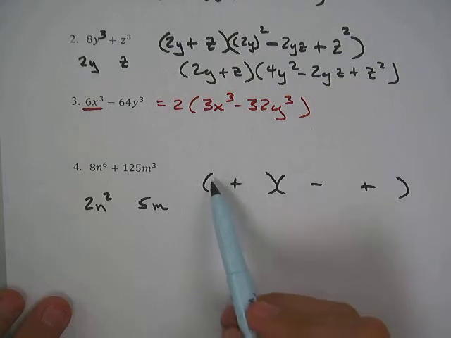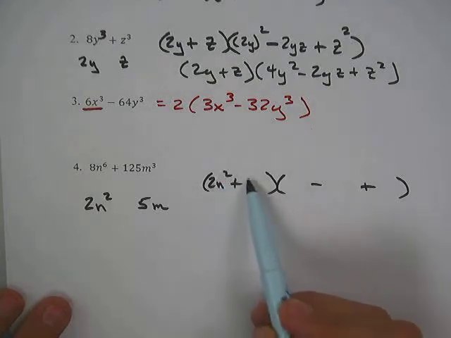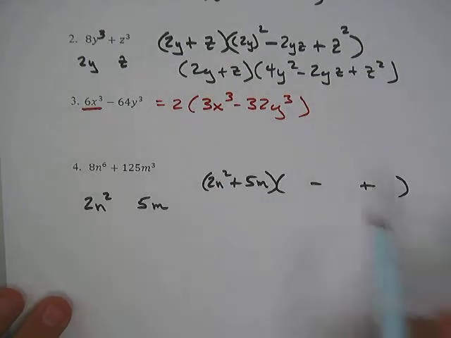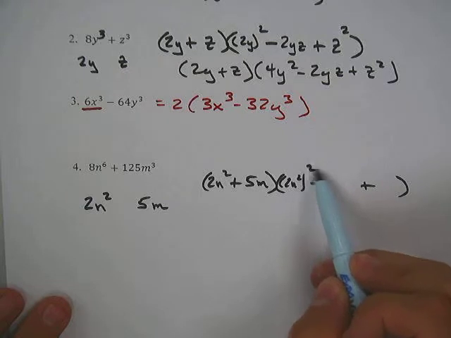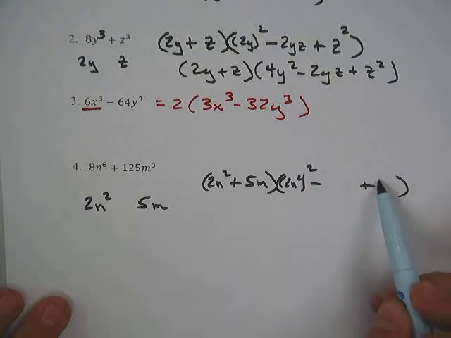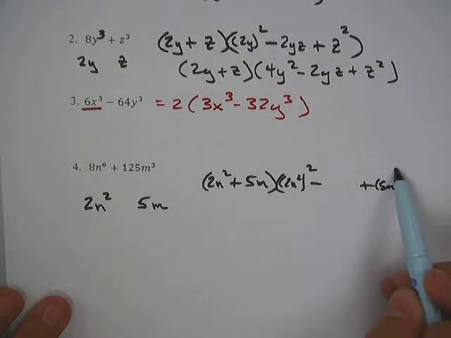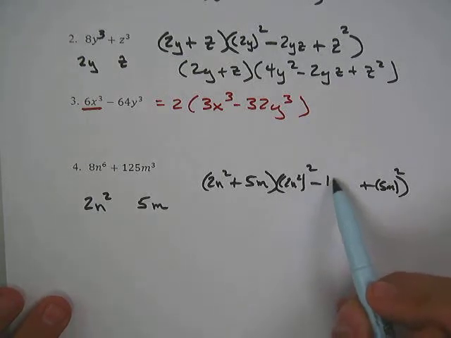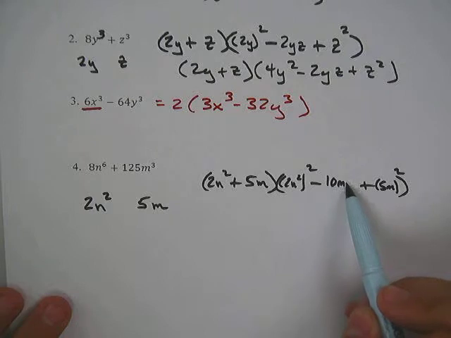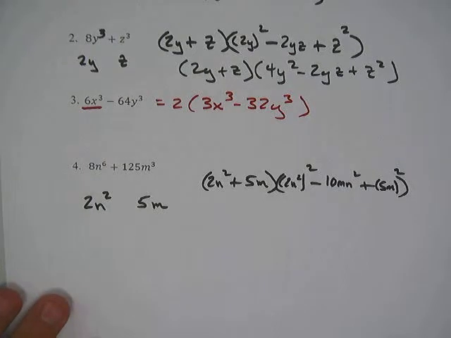So it's a plus. So in terms of my signs, it's going to be same, opposite, always positive. The first terms are the cube roots, so 2n squared and 5m. The outside terms here are going to be the square, so it'll be 2n squared squared, and then 5m squared.